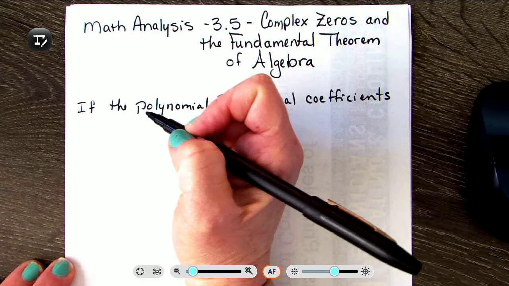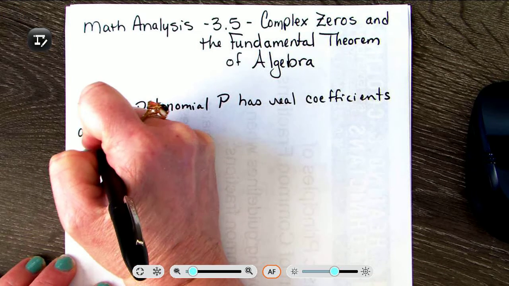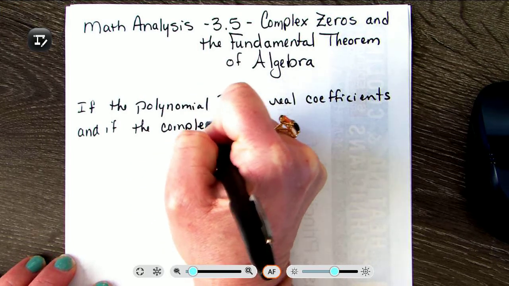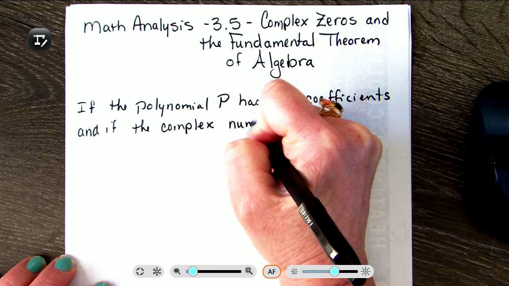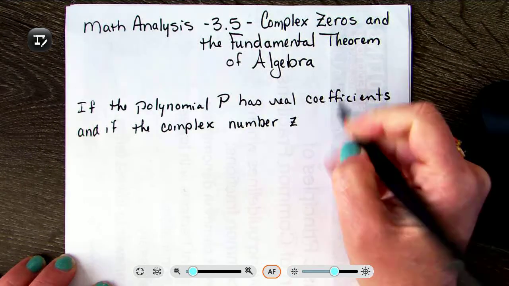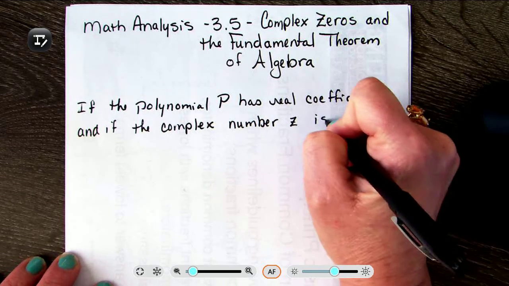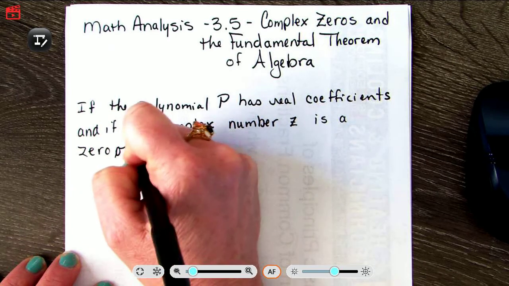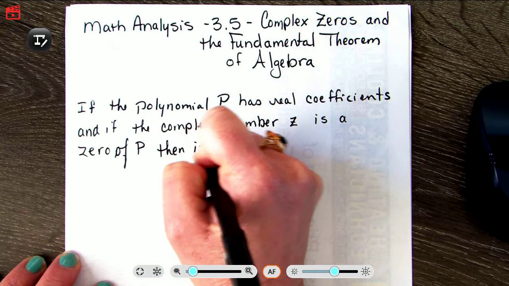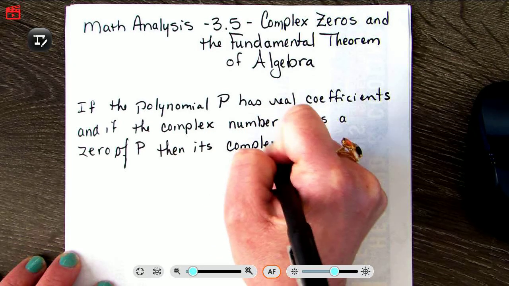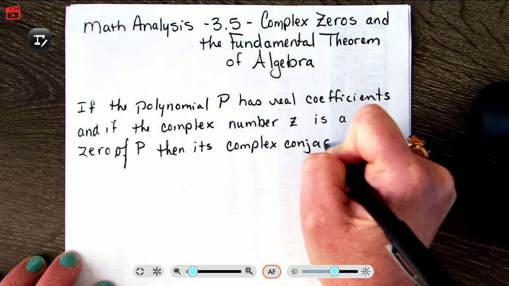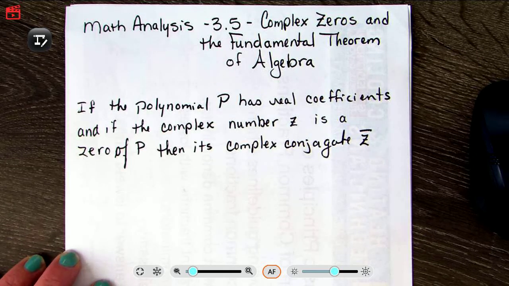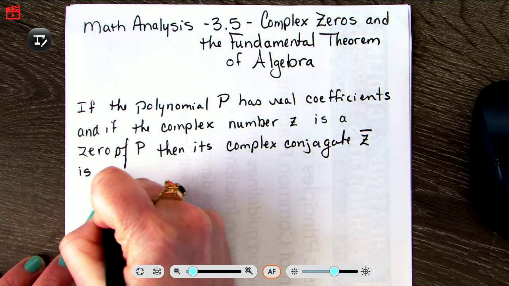And if the complex number, and we like to use z for complex numbers, so z is a zero of P, then its complex conjugate, and the notation our textbook uses for conjugate is z with a bar across the top, is also a zero.